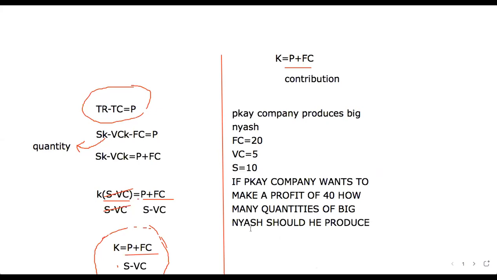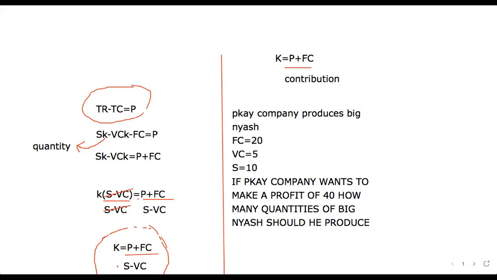So here we have been given that PK company produces Big Nyash. His fixed cost is 20, variable cost is 5, selling price is 10. So if PK company wants to make a profit of 40, how many quantities should he produce?